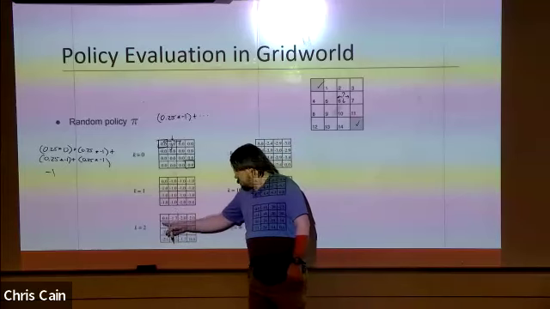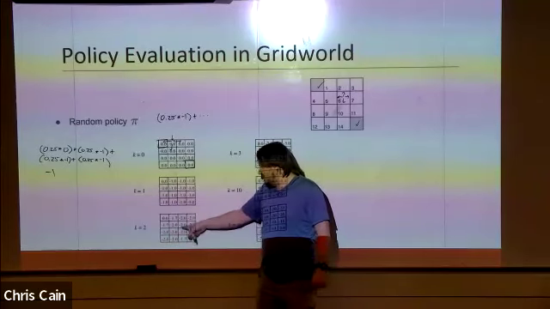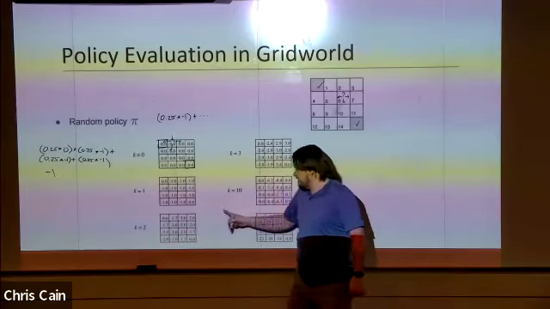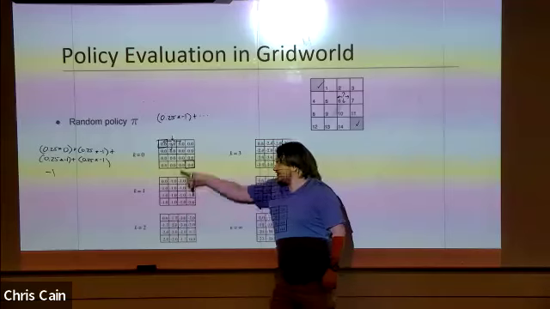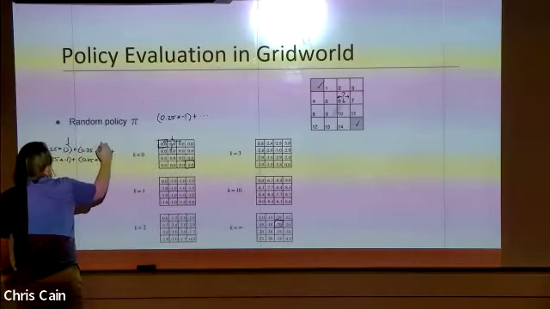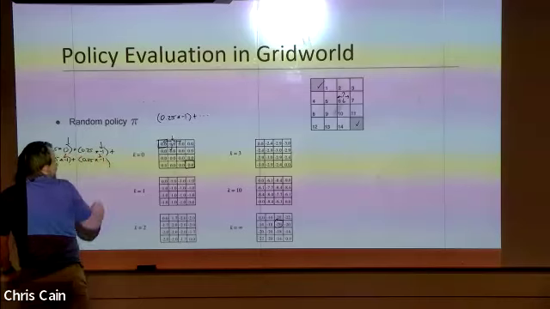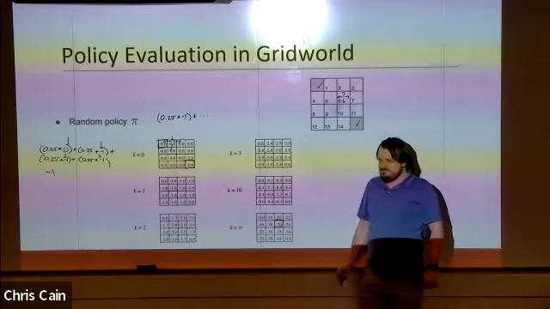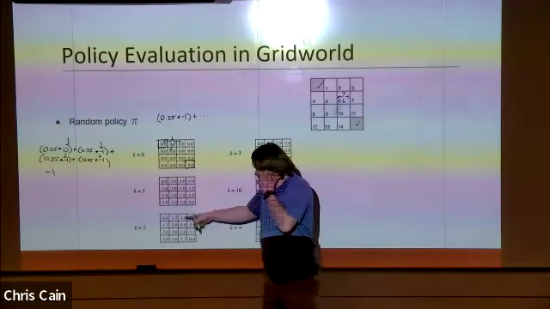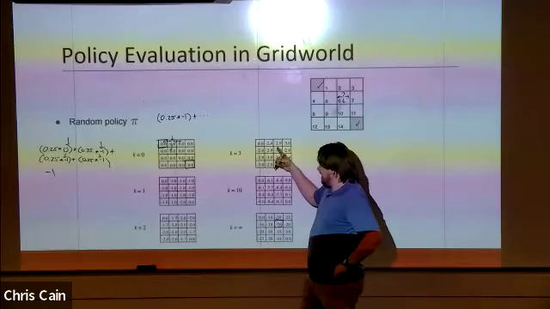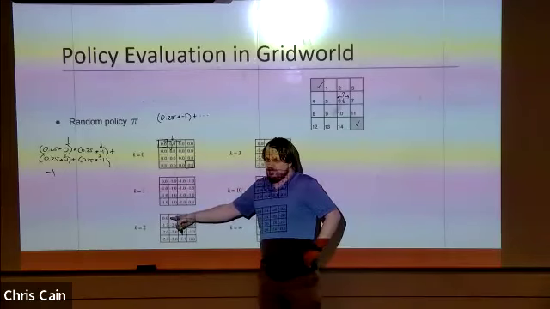You just take all of those approximations using the old values, update to this table, then loop around, and now you're going to use this table going through exactly that same math, except that the values that you use here, here, here, and here are going to come from the last iteration of the table. So when you go from k = 1 to k = 2, you're referring to the k = 1 table. When you're going from k = 2 to k = 3, you're going to use the k = 2 table.